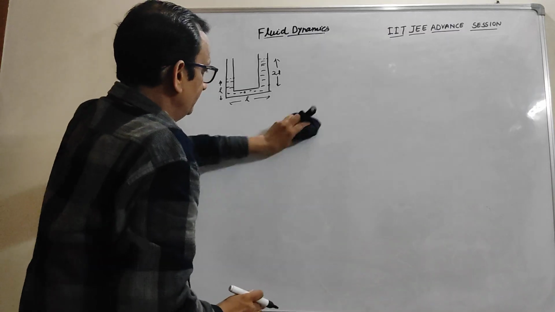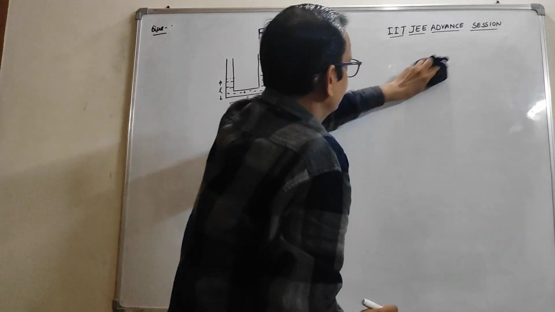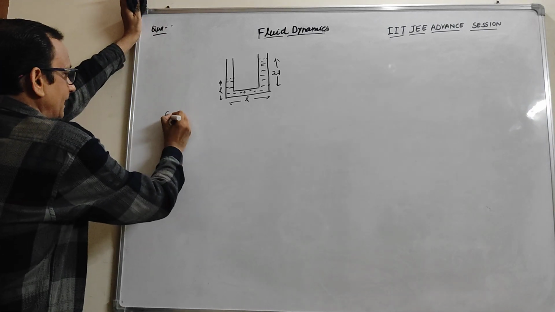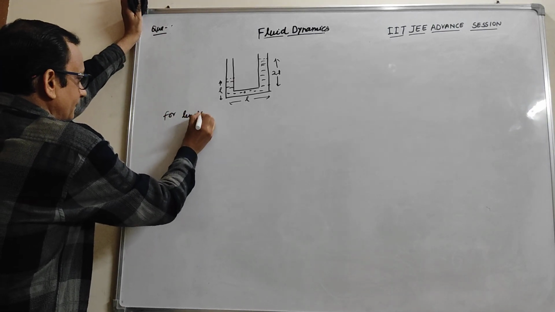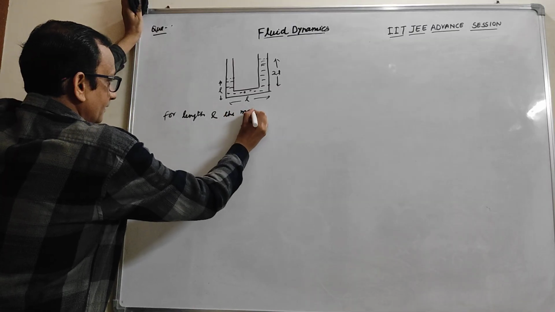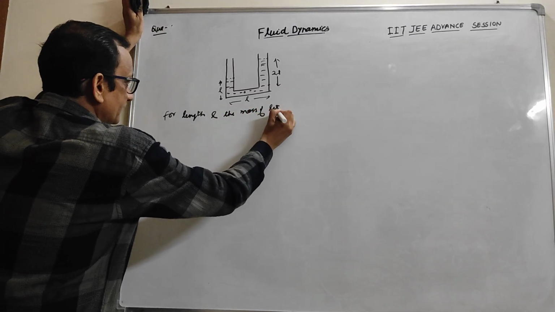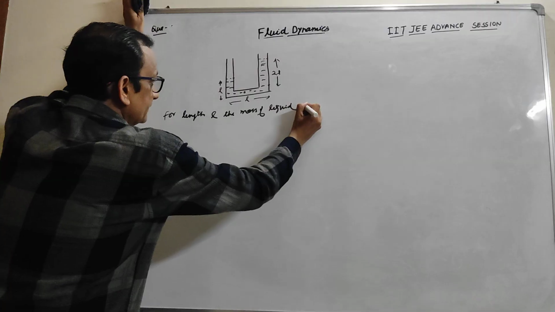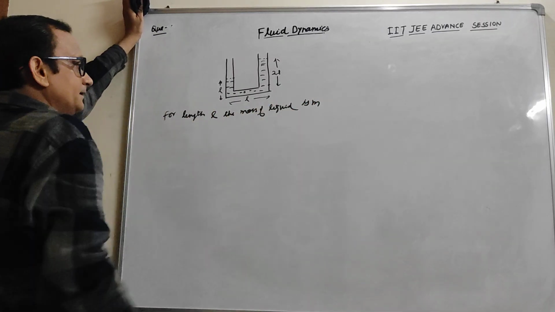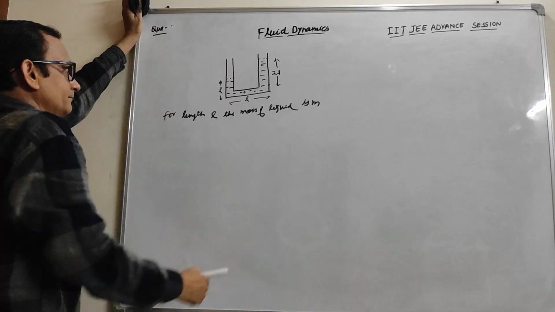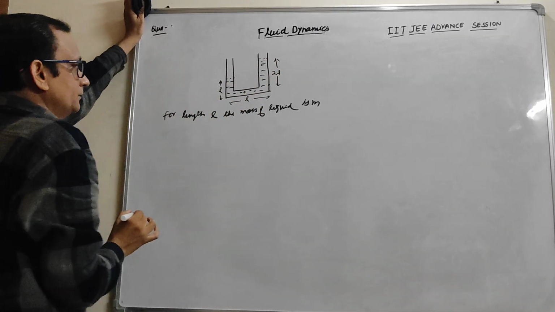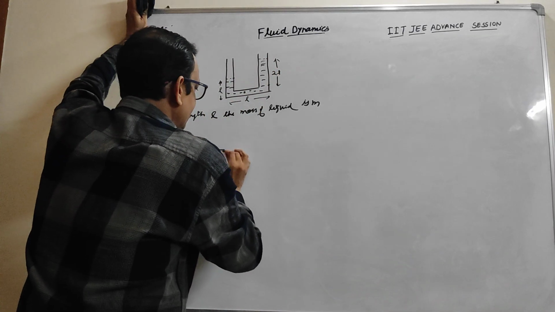So we apply a trick here. Suppose for length L, the mass of liquid is M. For L length, we took the mass M. So this whole tube we straighten here.